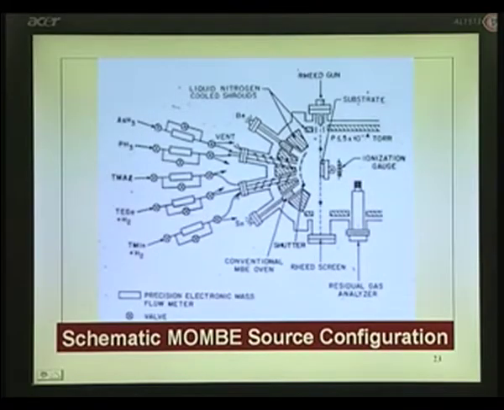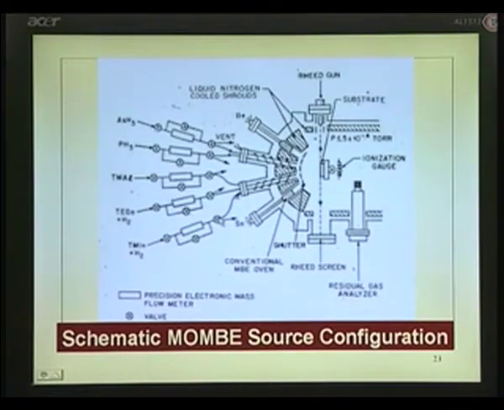More general term is MOMBE. This is closer to the system that you see. That is the chamber that we are showing, and you can see there is one port through which you can let in trimethyl aluminum, trimethyl gallium, trimethyl indium, and these are the valves you can close if you do not want those elements coming in as vapors.